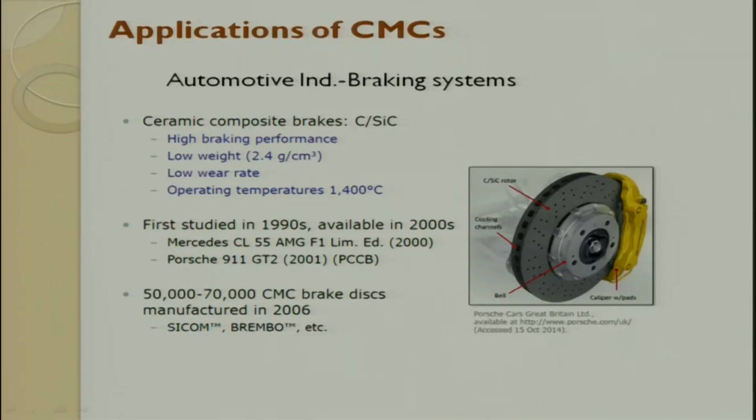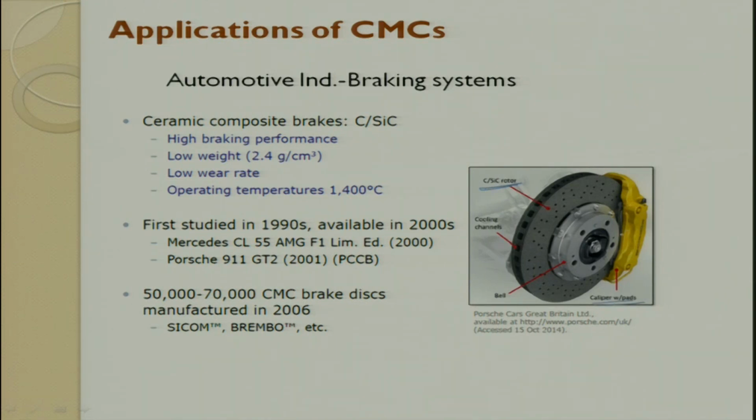It is today exhaustively used in automobile brake lining. Nowadays, we talk about very high speeds. If you apply brakes at very high speeds, a lot of heat is generated. So, there will be thermal expansion and softening of the material, which we do not want to happen. So, we are nowadays going for C-SiC rotors, and we also have cooling channels. These are the bells which are used, and these are tungsten pads which are used.